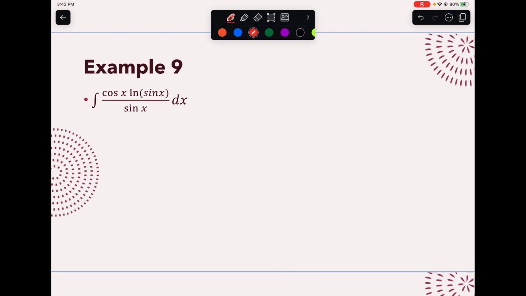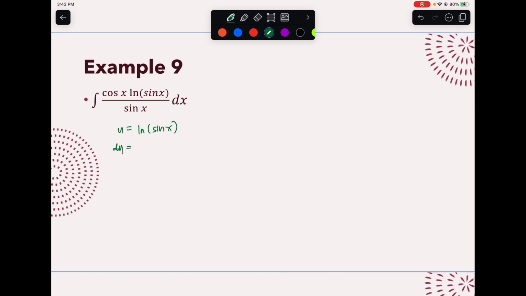Anyway, if it's logarithm, our u is at the denominator. But in this case, it would appear that our u is at the numerator, which is the ln of sine x. If I'm going to let u be the one that I can derive, that would resemble cosine x and sine x here, so u would be ln of sine x.